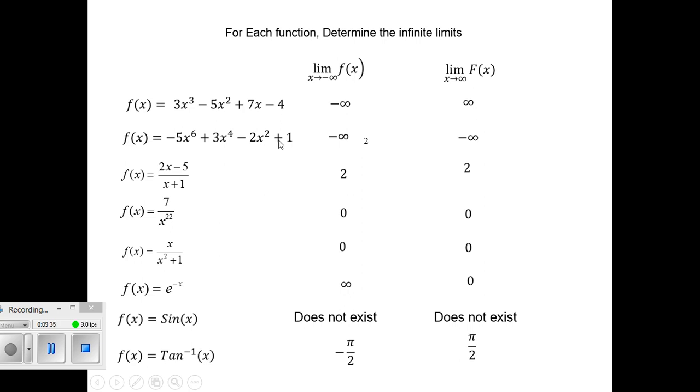Polynomial functions rise or fall on one end or the other. Rational functions will look for a horizontal asymptote.